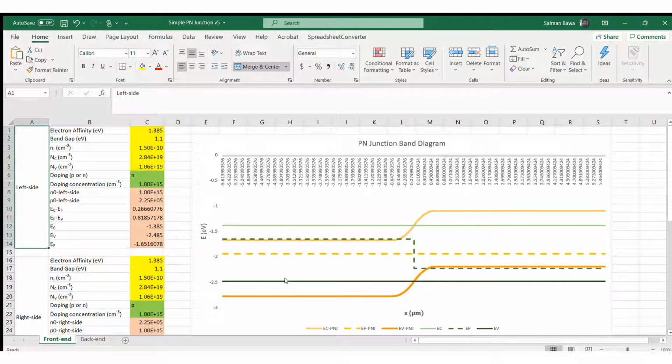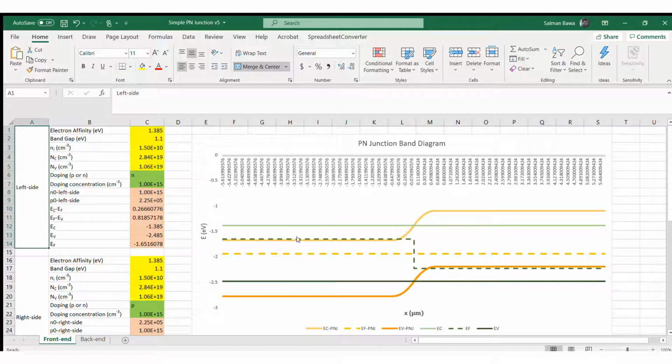So the green colors represent the valence band, the Fermi levels, and the conduction band. So these are the dark green, E sub V, light green, E sub C, and the green dashed line is E sub F.